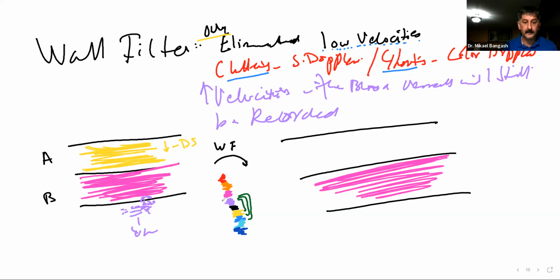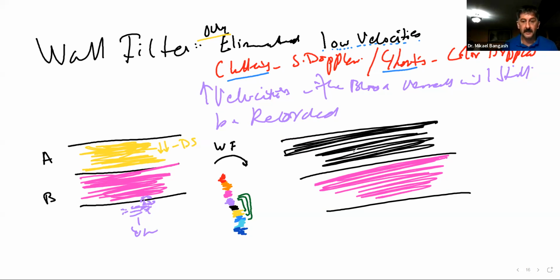But please keep in mind, ladies, that the wall filter is going to expand on both sides of your color map, both on the positive and on the negative side. So what it may do, only because in this blood vessel we had a very low Doppler shift, all this just on the negative side, it will filter that out or eliminate it. So this blood vessel here may become a zero Doppler shift.